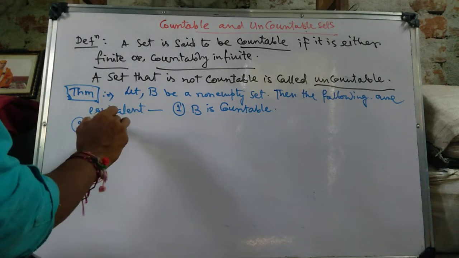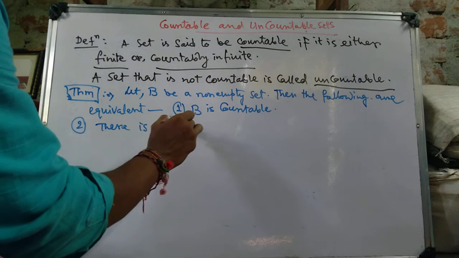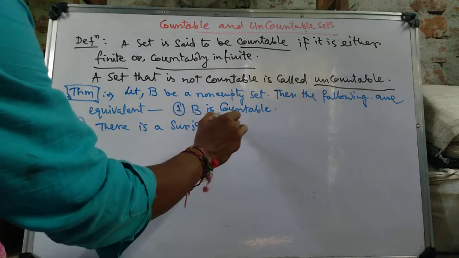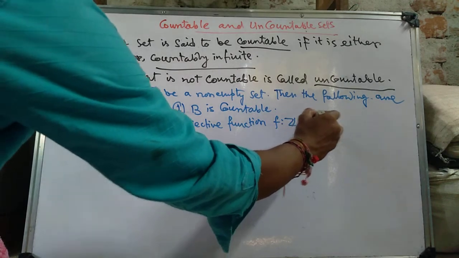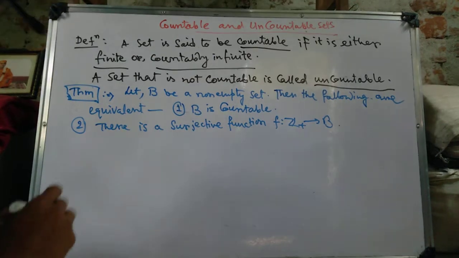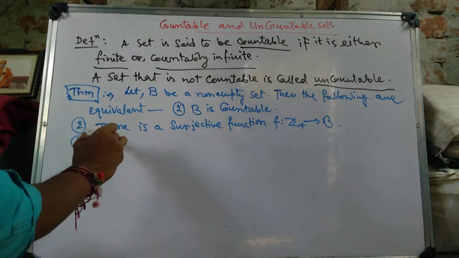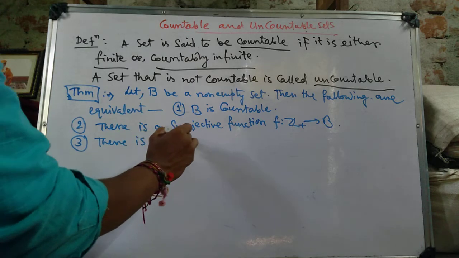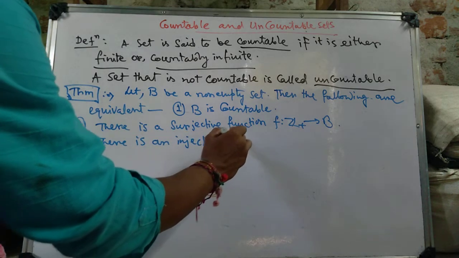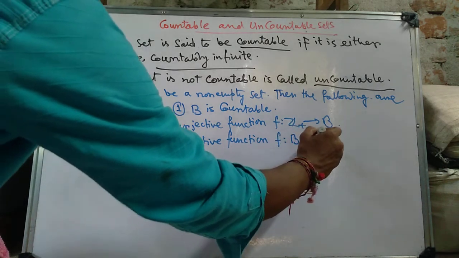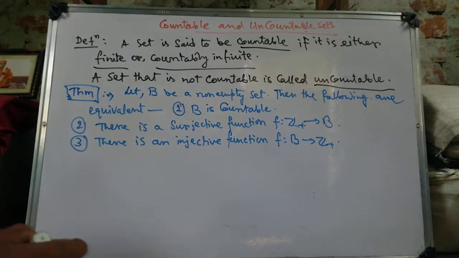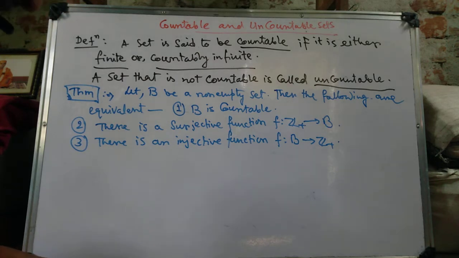Number 2, there is a surjective function f from Z plus to B. And number 3, there is an injective function g from B to Z plus. Okay, then we go to the proof of this theorem.